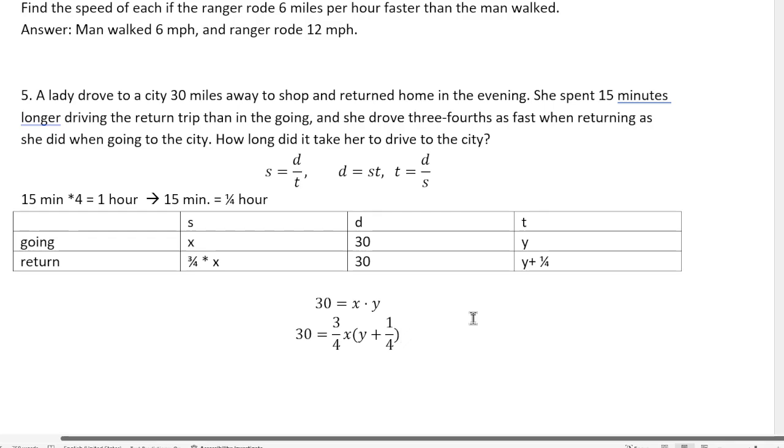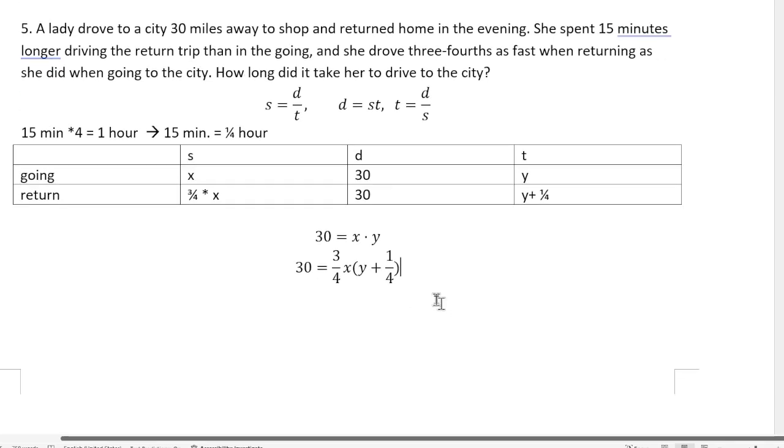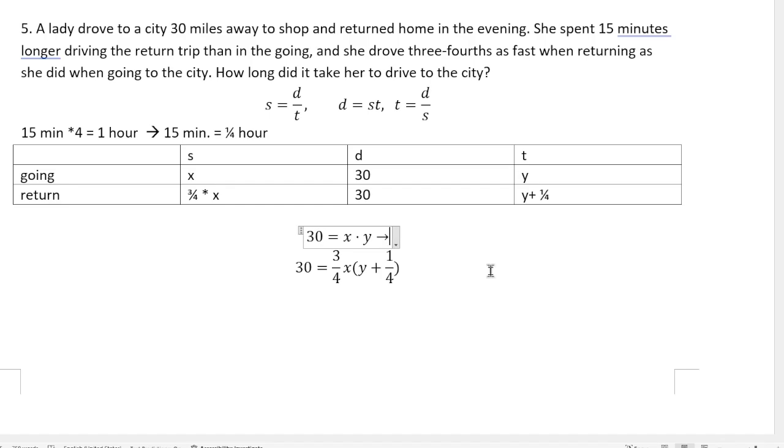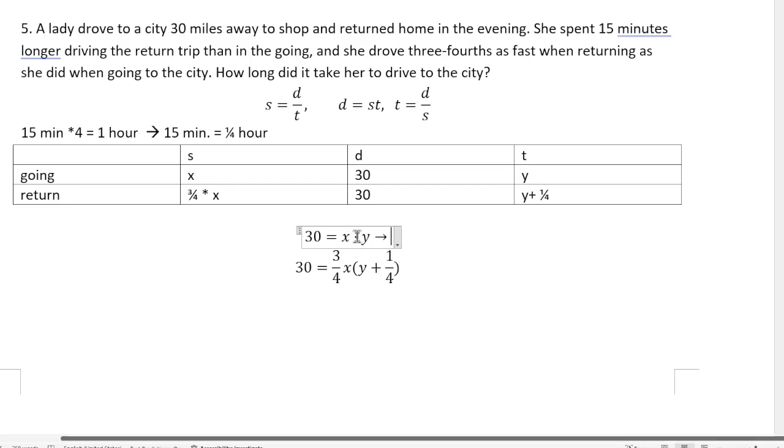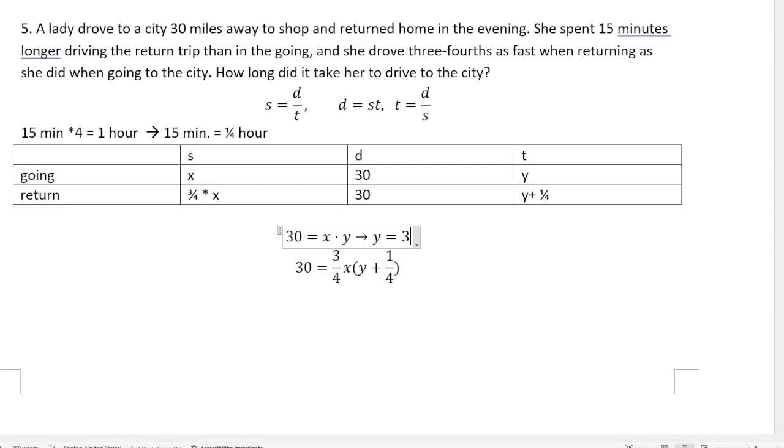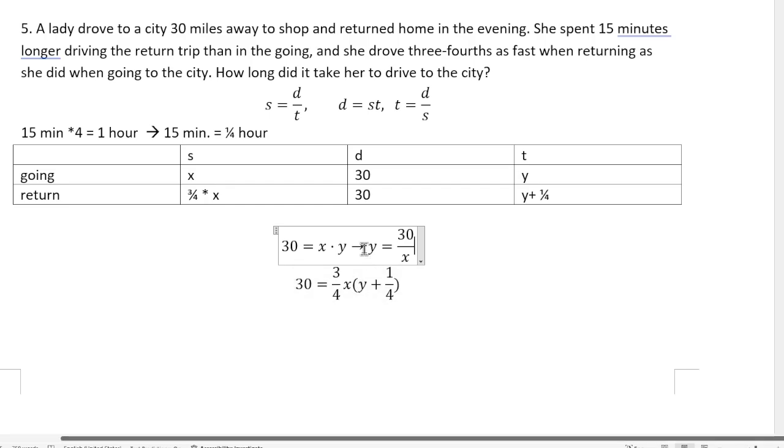Okay, and as usual, our way of solving things is to solve for one variable and plug it into the next, right? So let's solve this for y. How do you solve this for y? You have to get rid of x, but x is multiplied, so the opposite of multiplication is division. You divide by x both sides and you get y equals 30 divided by x. And that is going to be plugged in here. So let's plug it into the next. So y is now replaced by 30 over x.